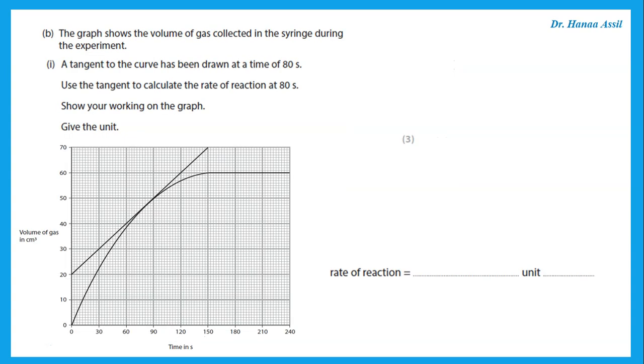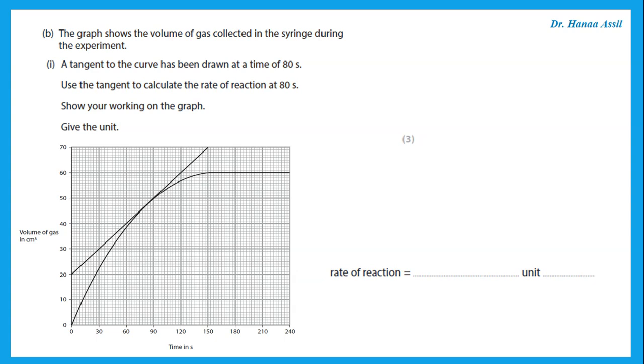The graph shows the volume of gas collected in the gas syringe. A tangent to the curve has been drawn at time 80. Use the tangent to calculate the rate of the reaction. Again, please remember, if you have this kind of graph, volume versus time, to get the rate at any specific time, we draw a tangent.